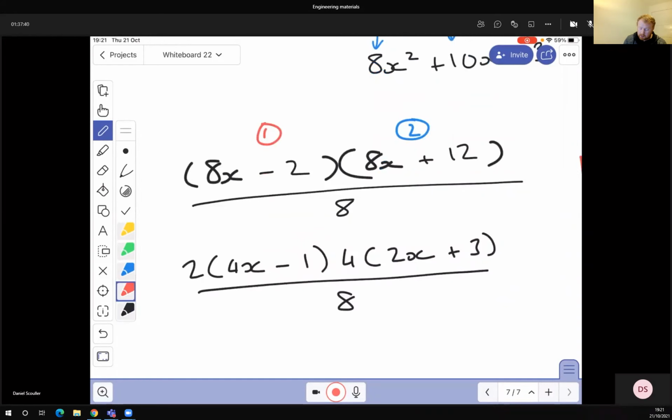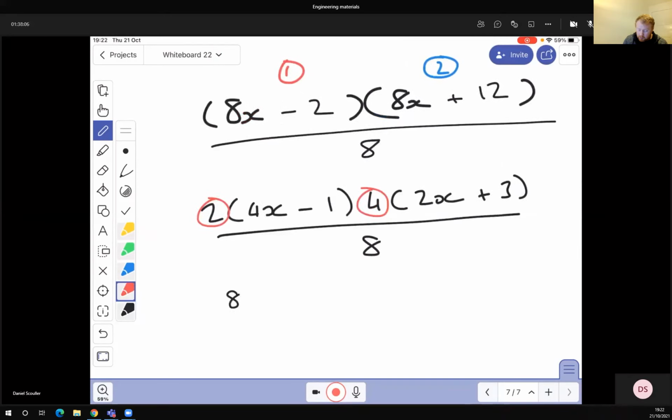And we're just going to tidy this up. Remember that top line is just 2 times that bracket times 4 times that bracket. So we can tidy that up by doing the 2 and the 4, effectively collecting like terms but in a multiplication sense. That 2 and the 4 becomes 8.